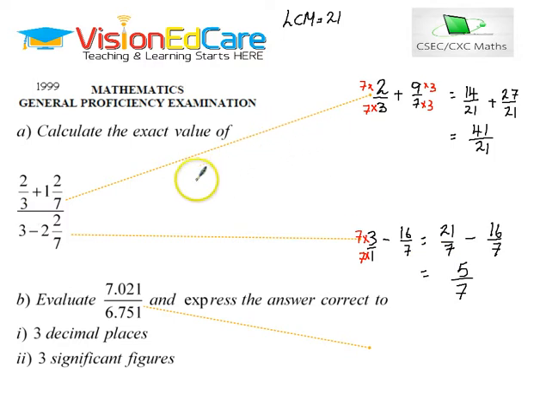So let's work out this now. So as our calculation, we would have 41/21 divided by 5/7. Now when we divide a fraction, it's the same thing as multiplying the fraction by the reciprocal of the number that we're dividing by.